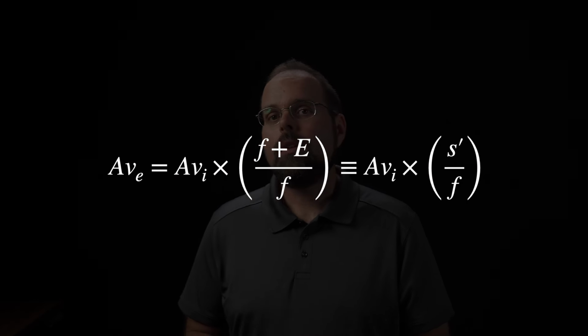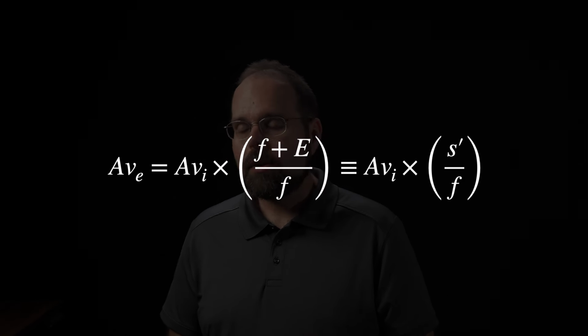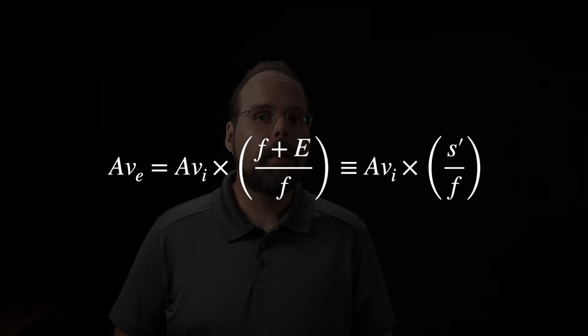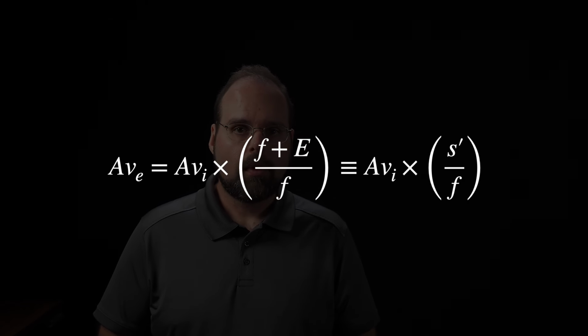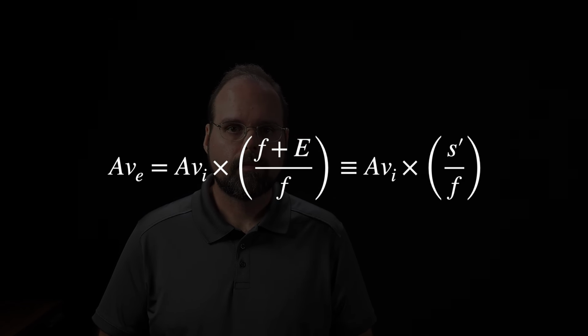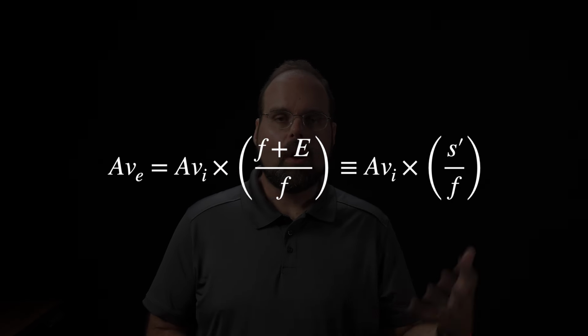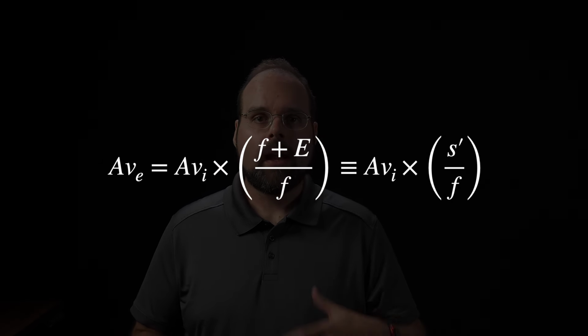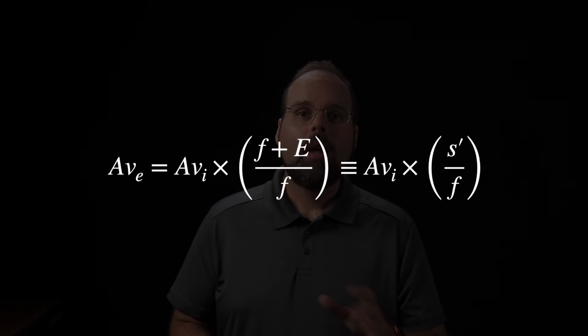The way we do this is by converting our aperture setting error into stops. So in this case, we're going to invert our error function. We're going to go from the object distance, or the focal length plus the extension, over the focal length, to the focal length over the image distance.